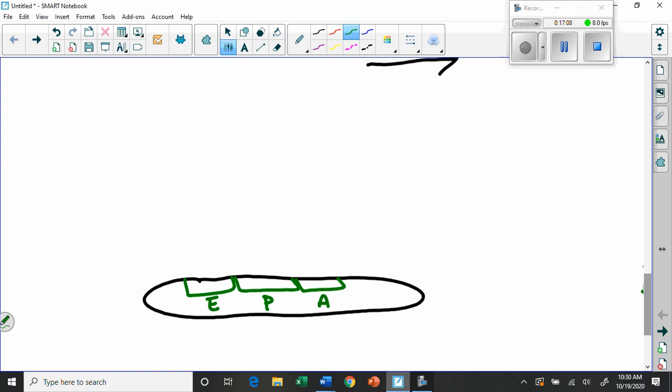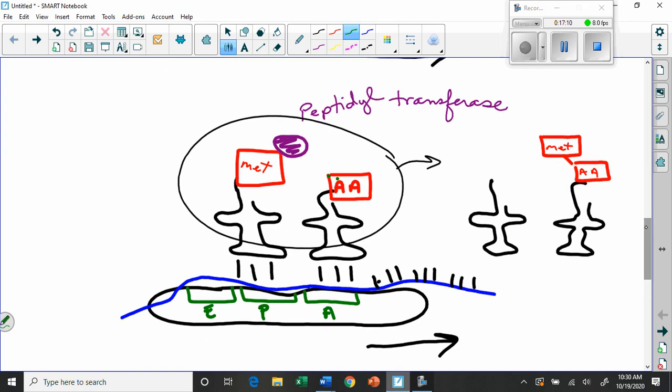Oh, you know what I didn't draw up here on the other picture, I just realized, is the larger subunit, which would be around the back there. That's important because it has to be there for this to happen. So don't forget the larger subunit.